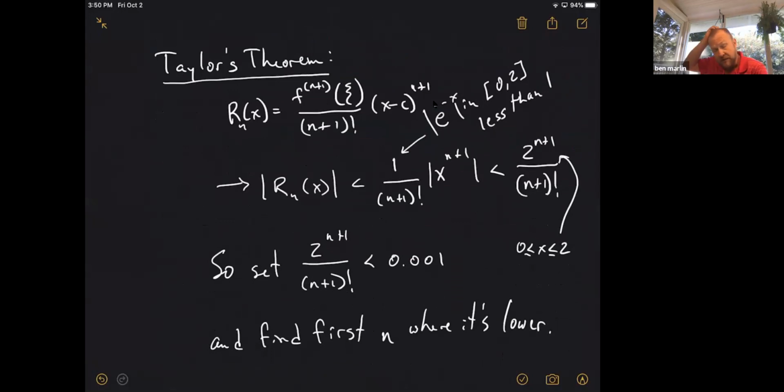So Taylor's theorem, you have a statement of it in your problem set, but it says that if you break the infinite series down into two pieces, the nth Taylor polynomial, so write S equals the nth Taylor polynomial plus the remainder pieces. So this here is the first n terms.